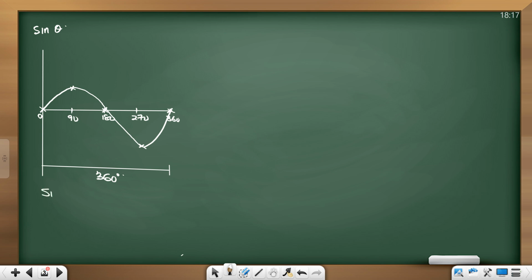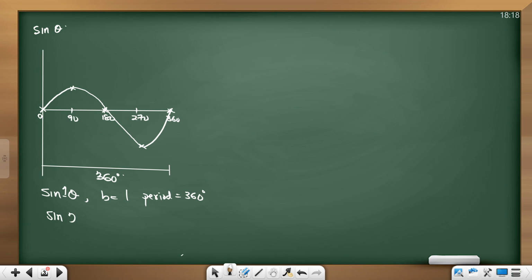So if I tell you sine theta, it means B is 1, because it's saying sine 1 theta, in the space of what? 360. So my period for this is 360. I know it might not make sense now, but just listen to the second part. This second part would validate what I mean.